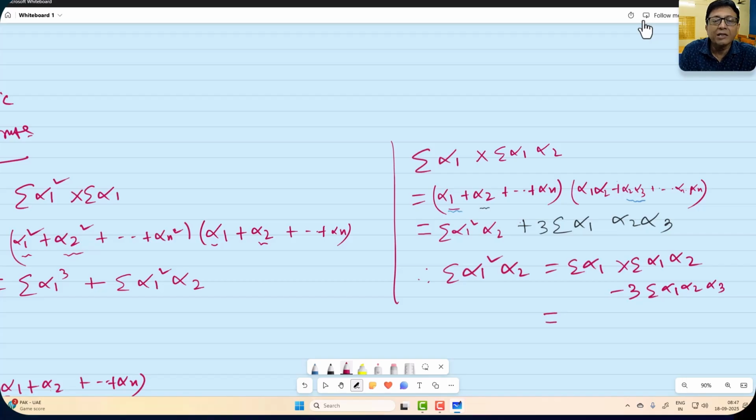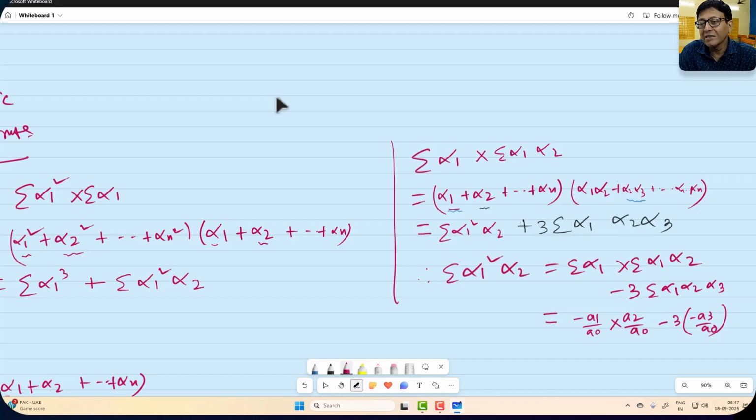Okay? Sigma alpha 1, you know, for the nth degree equation as we have written before, is minus a1 by a0, and sigma alpha 1 alpha 2 is a2 by a0, and sigma alpha 1 alpha 2 alpha 3 is again minus a3 by a0.